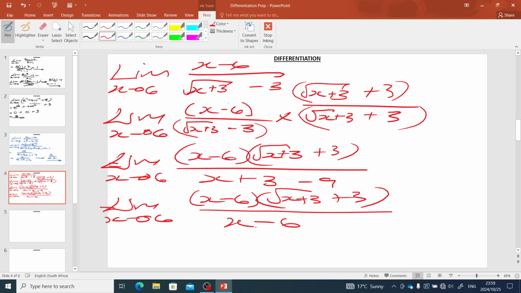We'll have x minus 6 because it will be 3 minus 9, then we get x minus 6. Then the x minus 6 will cancel out with the x minus 6.